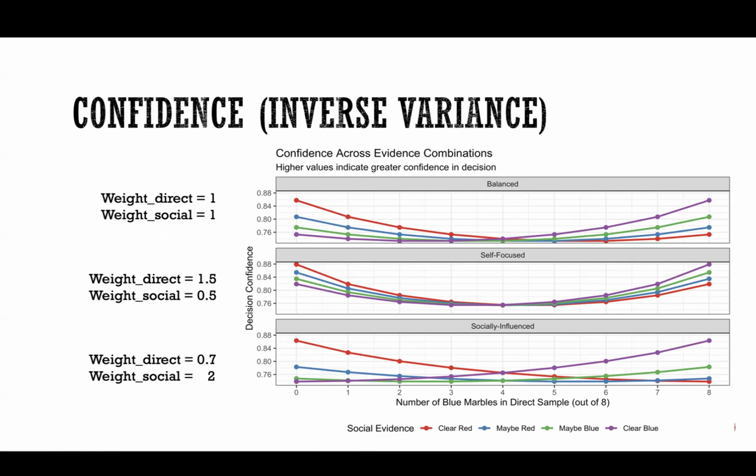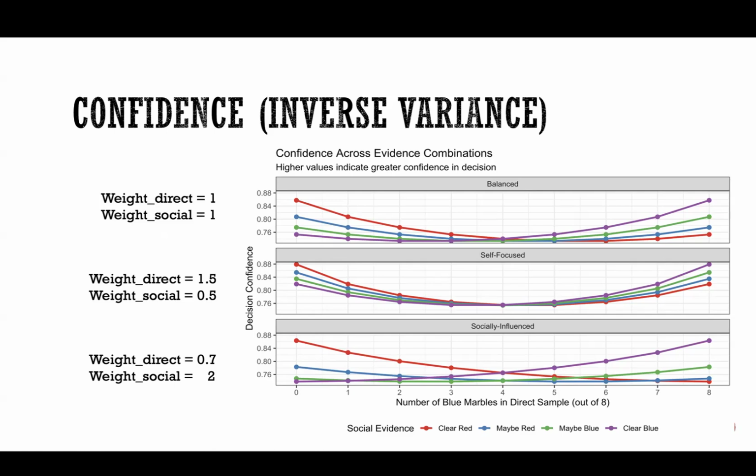In the purple it is in contrast with the direct evidence, that's the red. So the confidence is at its relative lowest, and then it goes to its relative highest when it agrees with the other source. It's perfectly symmetric in its weird fashion.